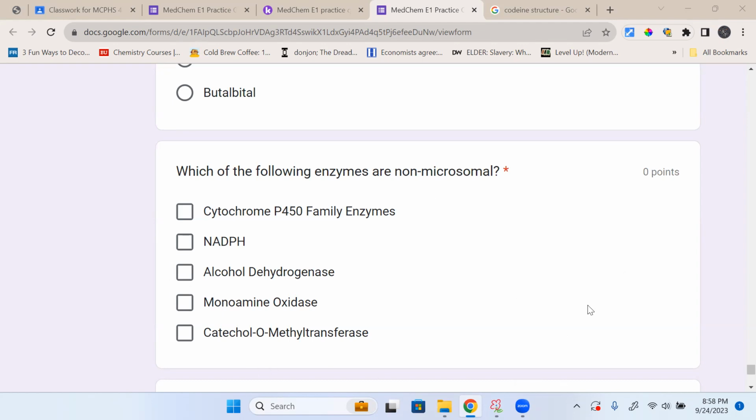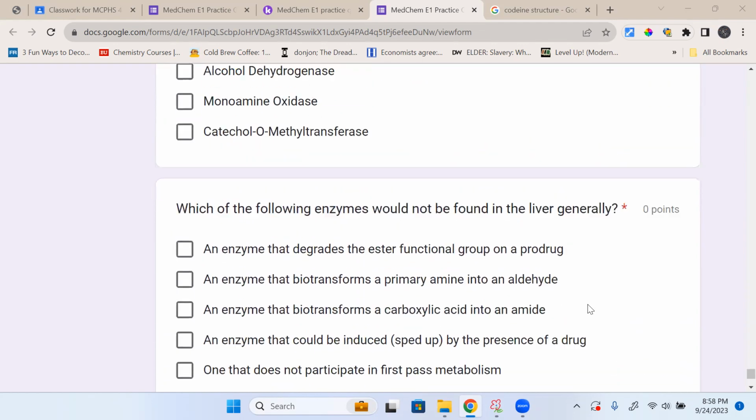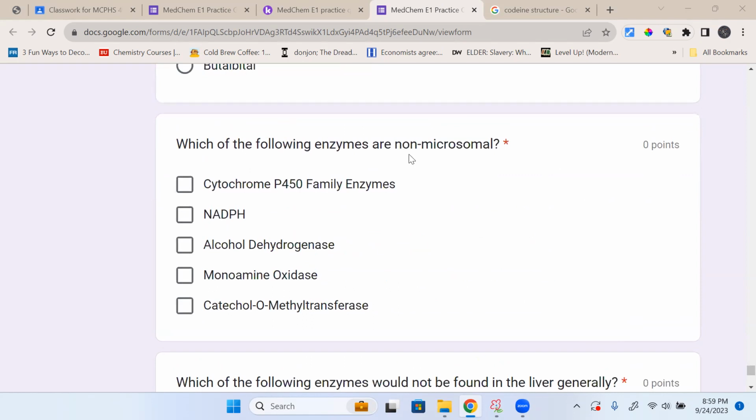So we'll take a look at these last 2 questions here. Which of the following enzymes are non-microsomal? So my first question is, what does non-microsomal mean? Oh, I don't think you had to learn about alcoholic dehydrogenase. I don't think you'll interpret this. Yes, exactly. Non-microsomal.